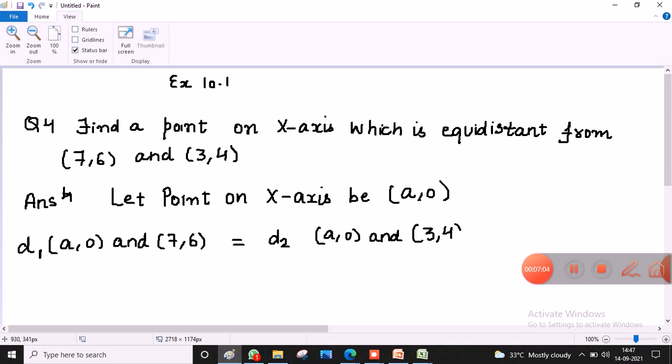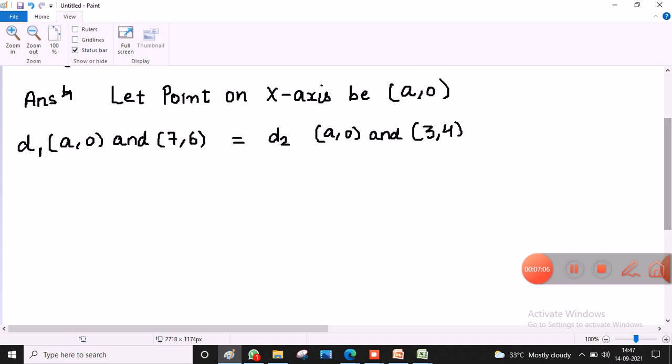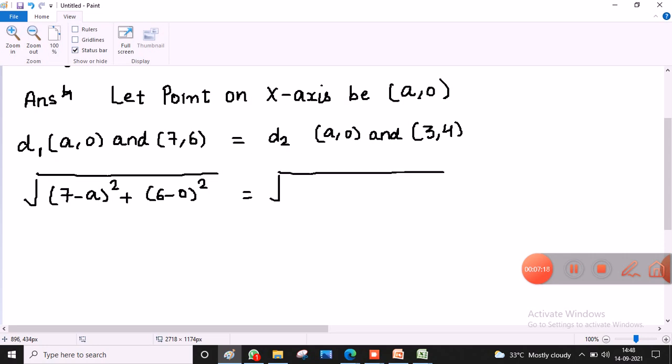You can apply the distance formula right away. That is, square root of 7 minus a whole square plus 6 minus 0 whole square is equal to square root of 3 minus a whole square plus 4 minus 0 whole square.